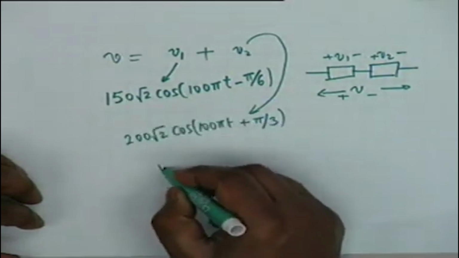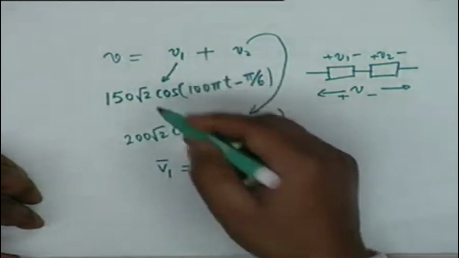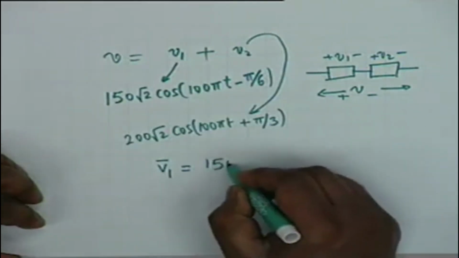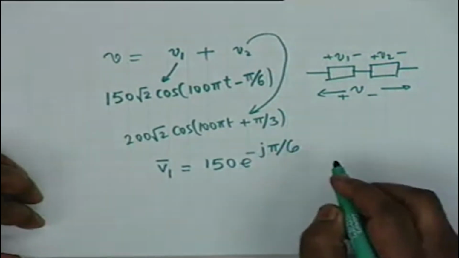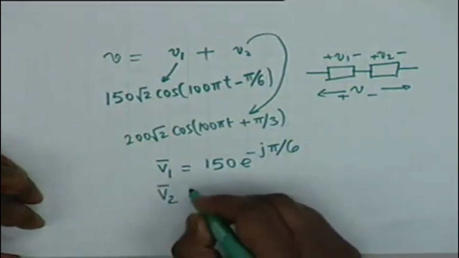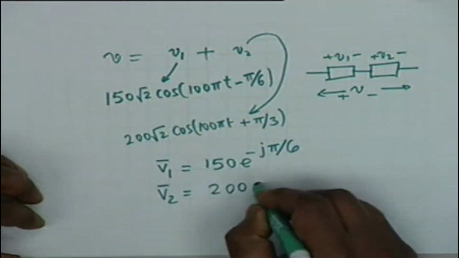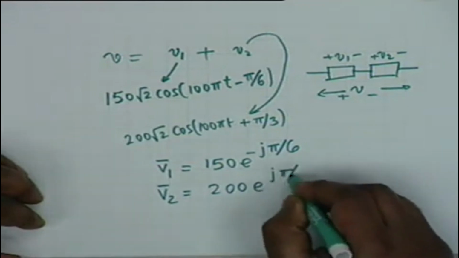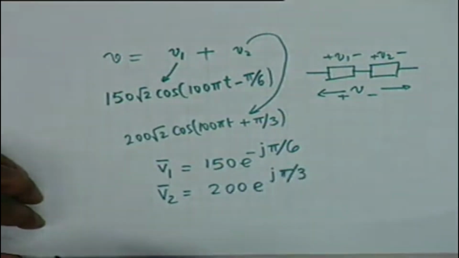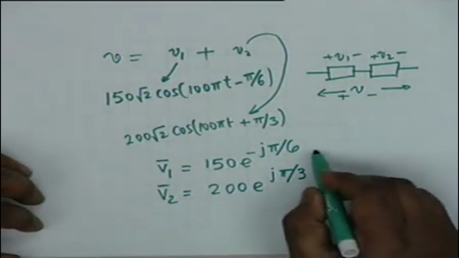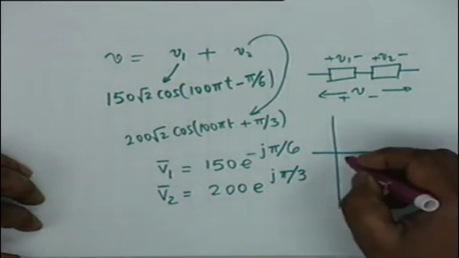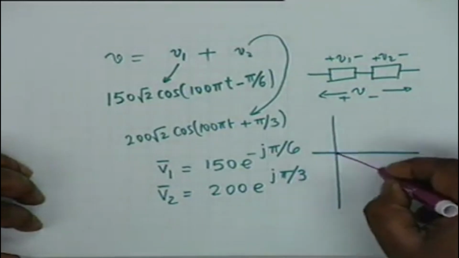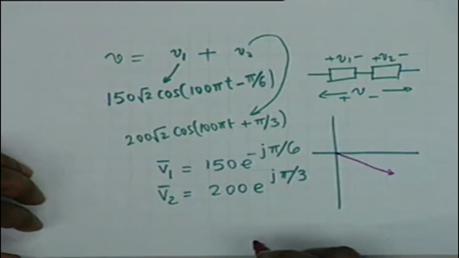We represent this by a phasor. V1 phasor corresponding to this is simply 150 e to the minus j pi by 6, and V2 phasor is 200 e to the power j pi by 3. Alright, we represent them in the complex plane. 150 e to the minus j pi by 6, let's say this is V1 phasor.